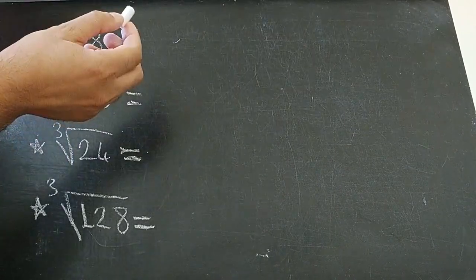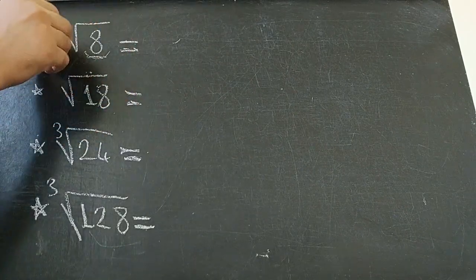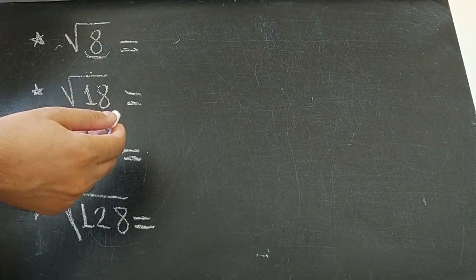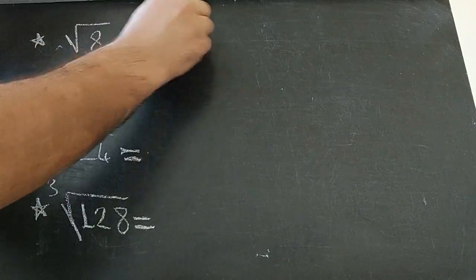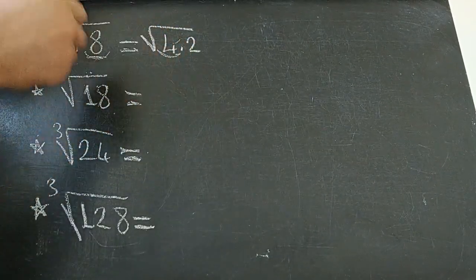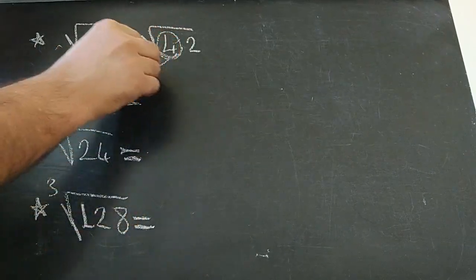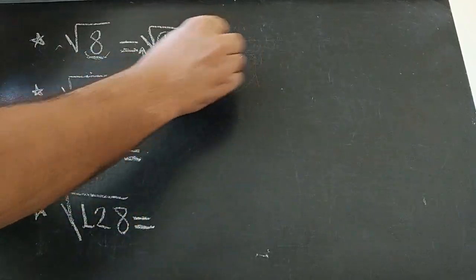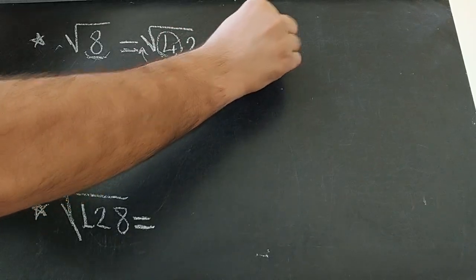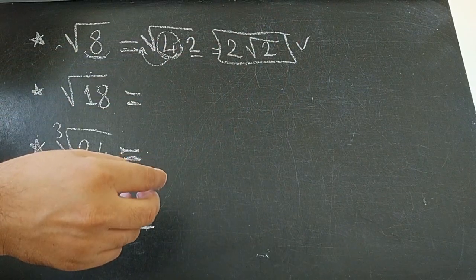If there is any number which can go out of the square root. So 8 is 4 times 2. See, 4 can come out of the square root. That 4 is going to come out as 2. This 2 will stay inside. The answer is going to be 2 square root 2.